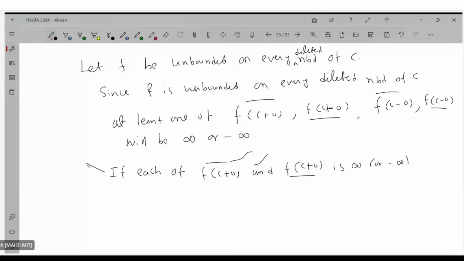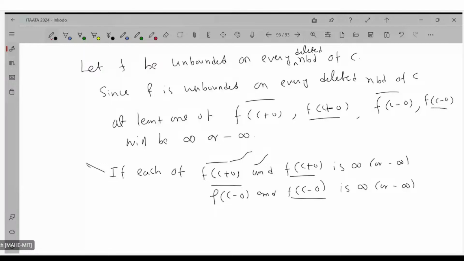Similarly, if both f of c minus 0 upper and lower are infinity or minus infinity, both equal now, both infinity or both minus infinity, in this case we will say again that f has an infinite discontinuity at the left of c.